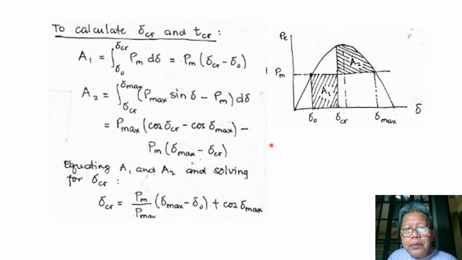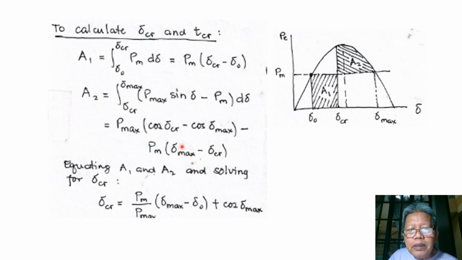So computing, we have P max, then we distribute the d delta: the integral of sine delta d delta is minus cosine delta, and then we have here PM d delta.